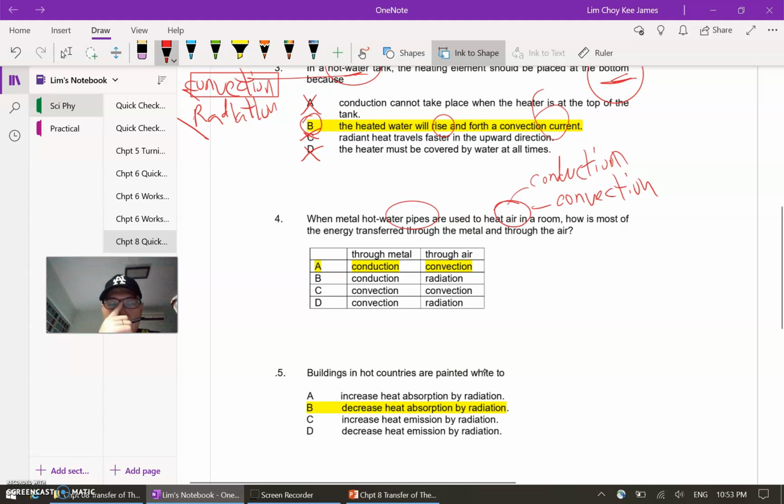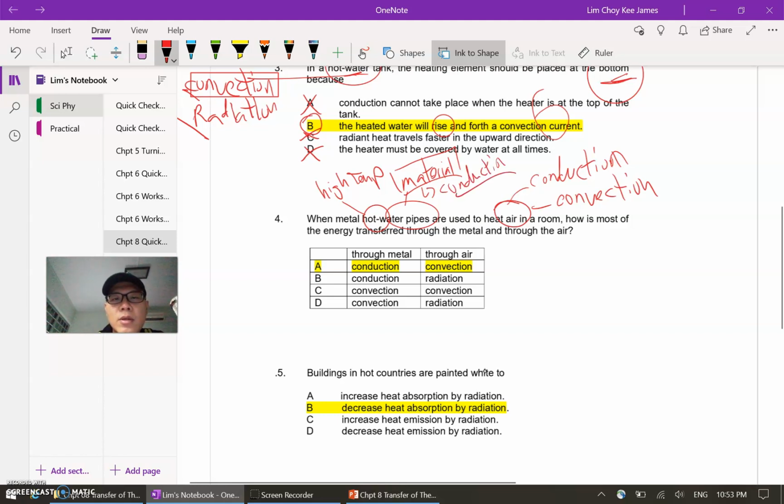Then you'll find that the second clue that's given to you is hot water pipe. Hot water here refers to high temperature. But when we mention hot water pipes, the focus will be more on the pipe itself, so the pipe here is the material itself. If you refer to the clues that I documented in the previous video, or the one that I showed you in the beginning, you'll find that material is targeted at conduction.